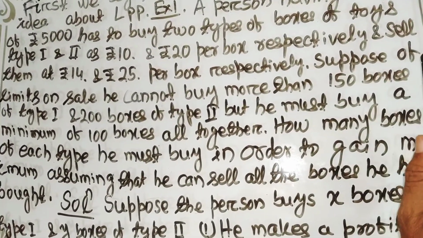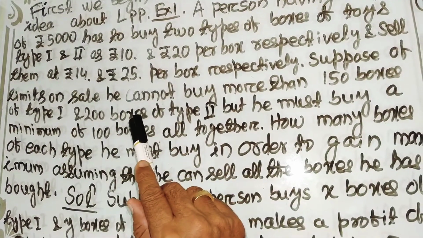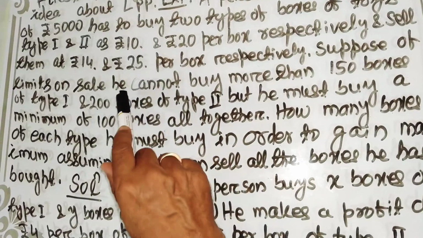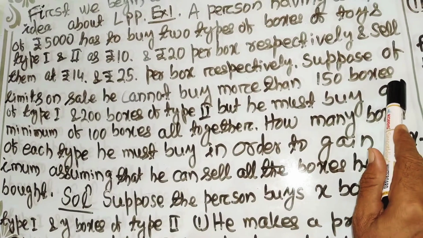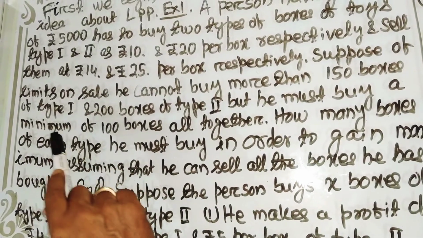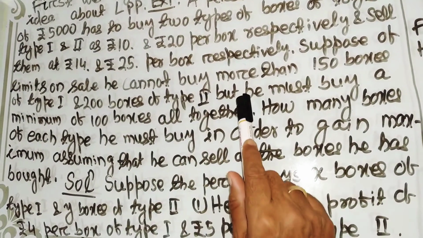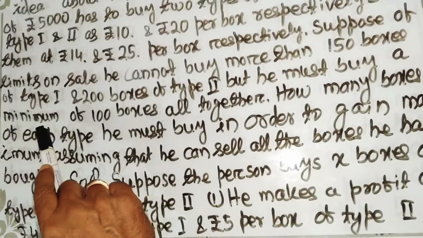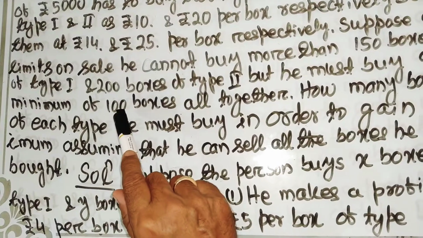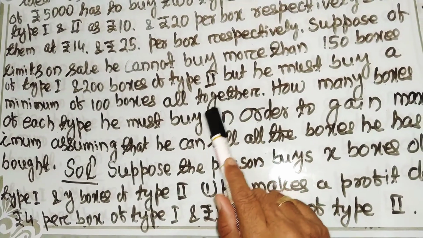Suppose, because of limits on sale, he cannot buy more than 150 boxes of type 1 and 200 boxes of type 2, but he must buy a minimum of 100 boxes altogether.